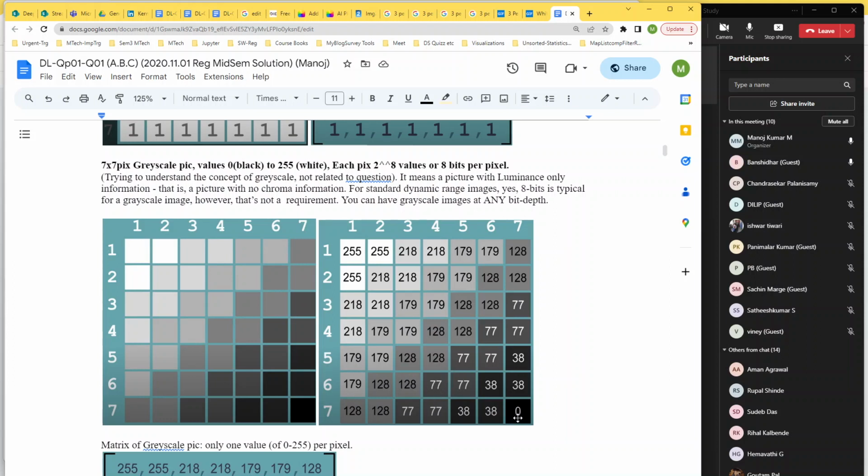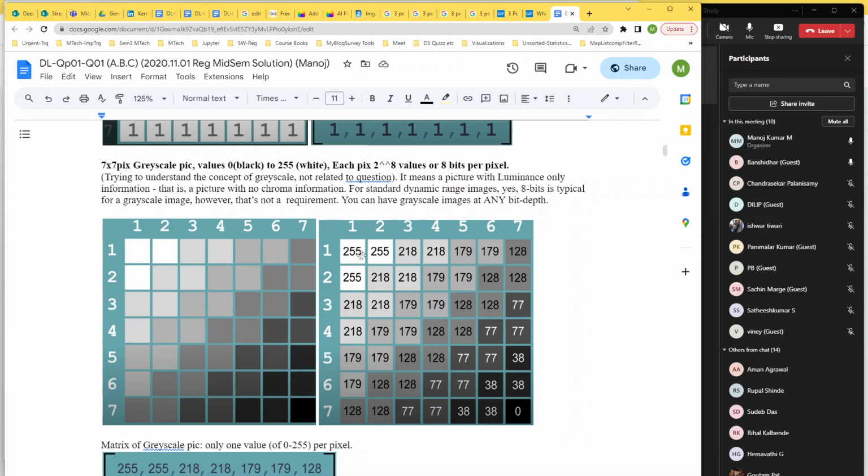No, see, 0 is black and 255 is white. When you change it accordingly, it follows that ratio. As the shade increases toward white the value increases, and decreasing toward 0 makes it more black.